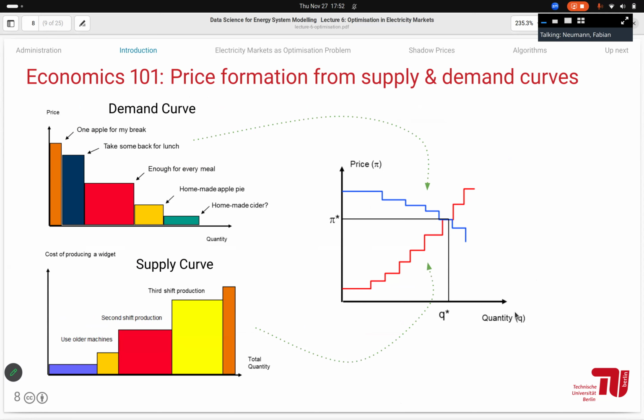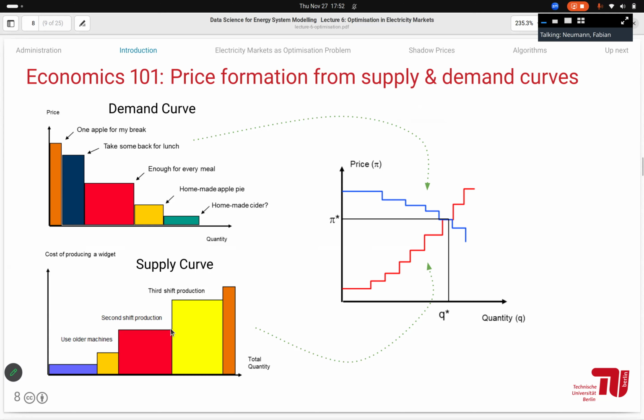But then as your consumption of apples increases, at some point you don't really know what to do with them anymore. You maybe want to make apple pie or apple cider, but then your willingness to pay is not very high for the apples because you don't have a strong preference, for example, for making the cider. You would do it if you can get the apples reasonably cheap.